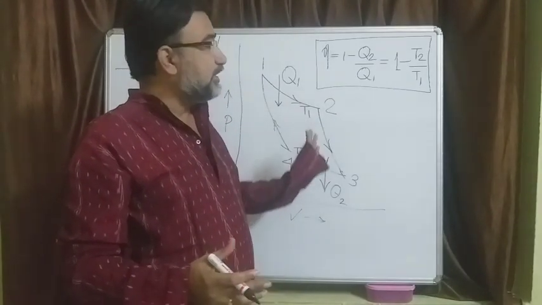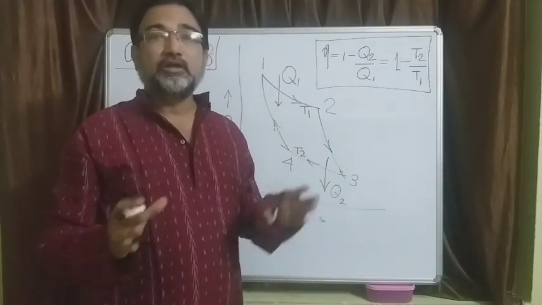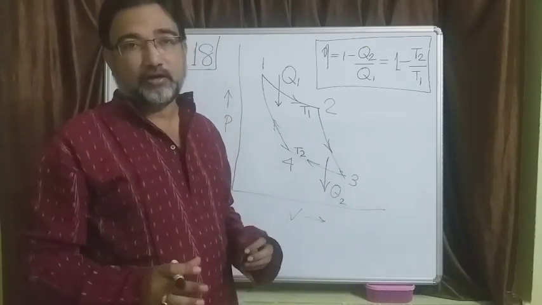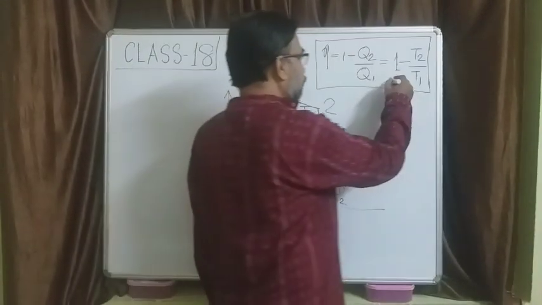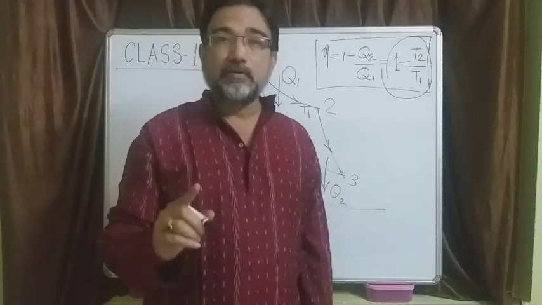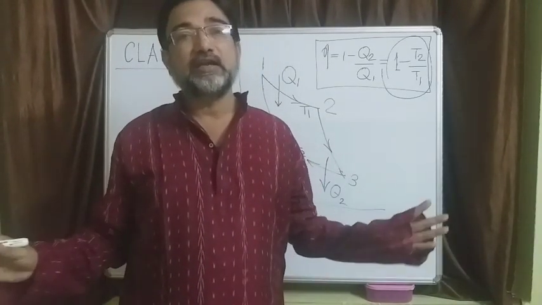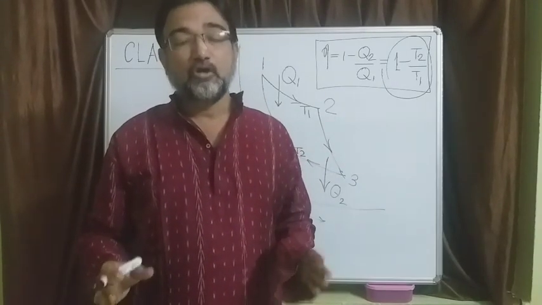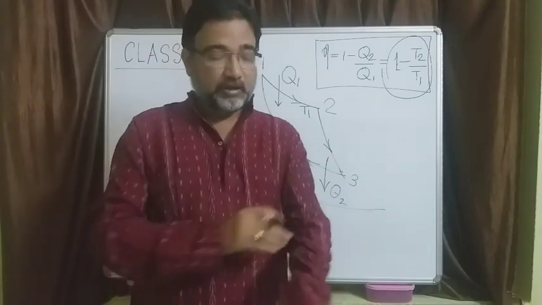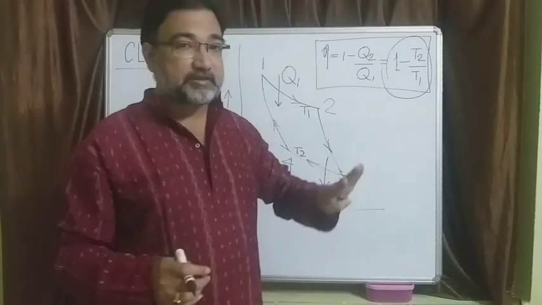So Carnot cycle efficiency now becomes a function of the T1 and T2 expressed in Kelvin, right? And this value 1 minus T2 by T1 is possibly the maximum efficiency value among all the cycles that you can think of working between temperature limits T1 and T2. And this Carnot cycle efficiency therefore is the maximum efficiency.